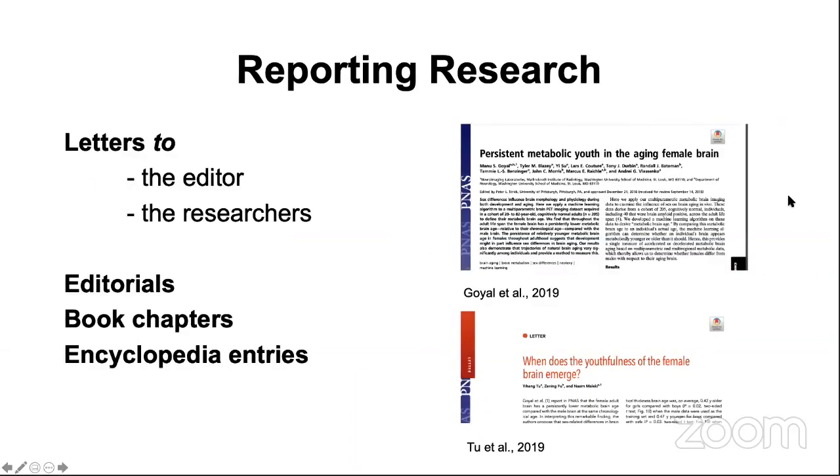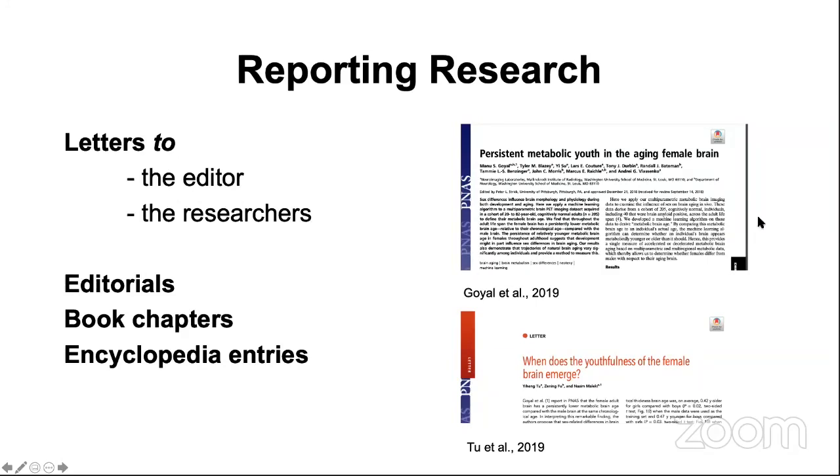All right, there are several other types of reporting research. In addition to primary research articles and systematic reviews, one is called a letter. Letters can be addressed to the editor of the journal or to the researchers.